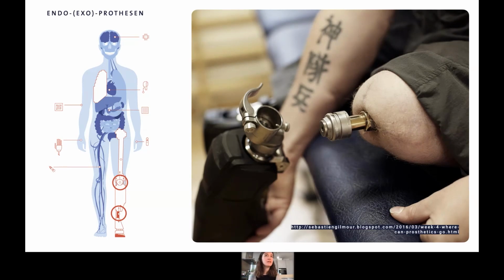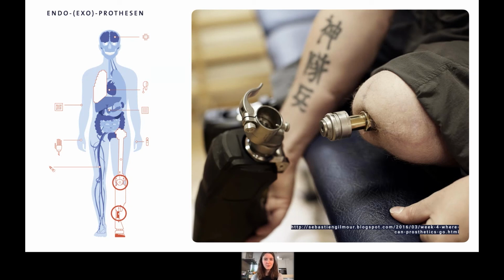On the left side you see always a reference to where this technology is linked in the body. So we have here the prosthetics, and in this case, it's an endo-exo prosthetic, so that means that it's not just plugged on the top, but it's really in the body, and it's in there forever until you decide to take it out again.